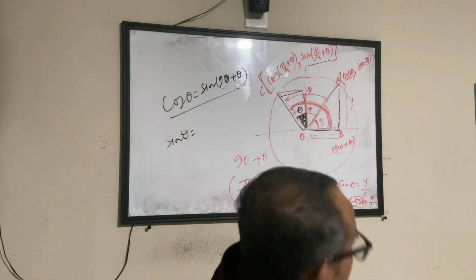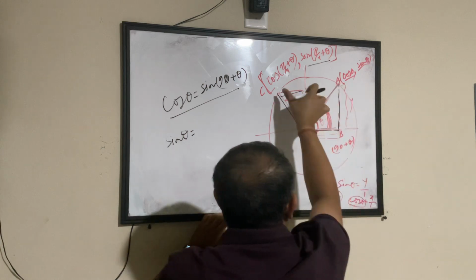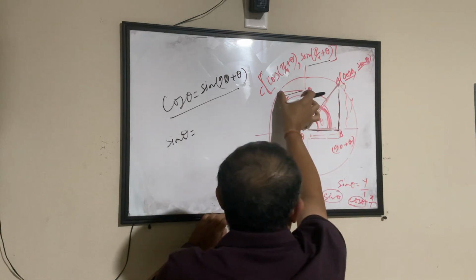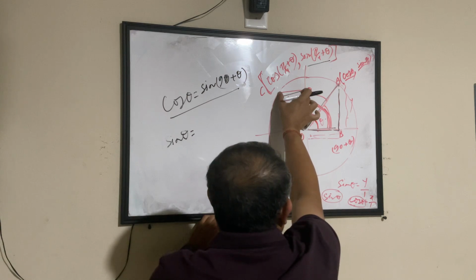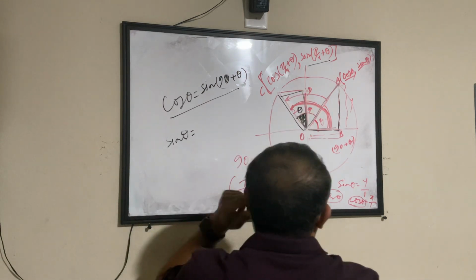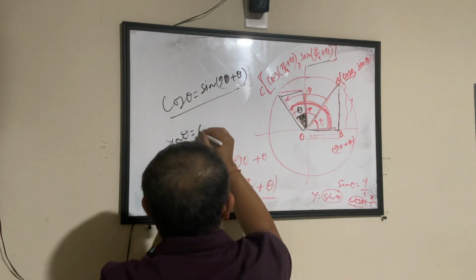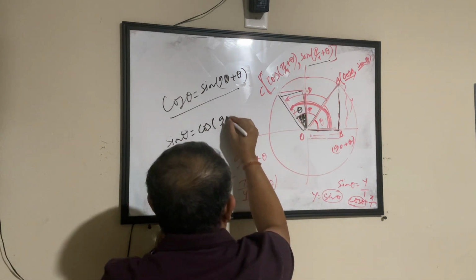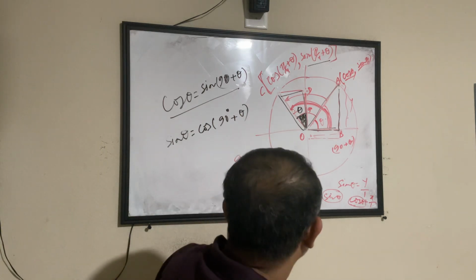If you just look at the absolute value, this length is equal to this length. And what is the value of this one? What is the x coordinate here? So cos 90 degree plus theta.